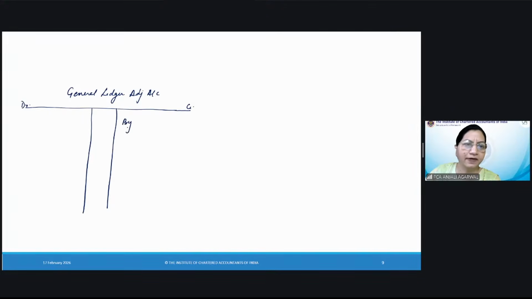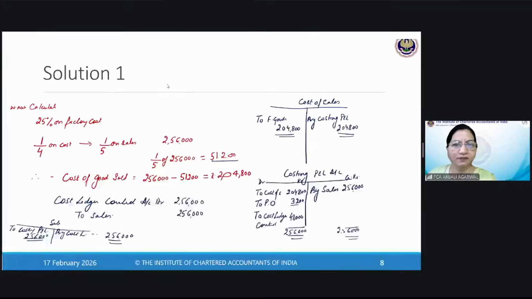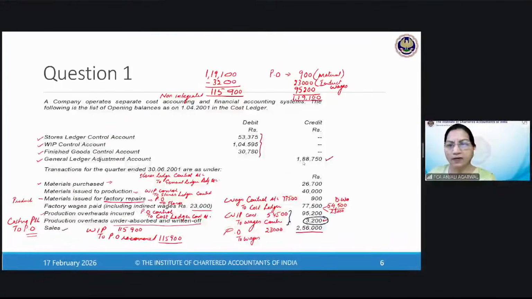It had a credit balance as opening balance. I'll explain the profit calculation. So it had an opening balance of 1,88,750.